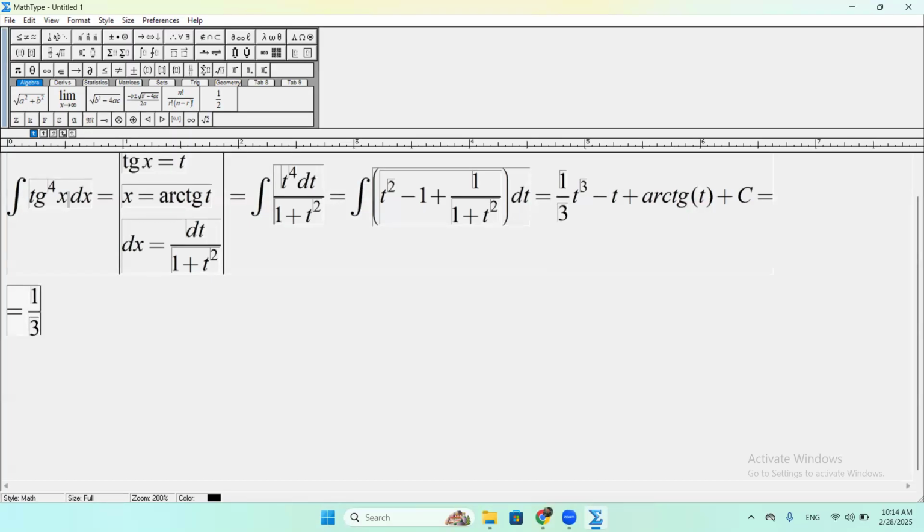So 1 over 3 tangent cube x minus tangent x plus x plus c. And that's it. So this integral only looks complicated, but it's quite easy. Any questions about this exercise?